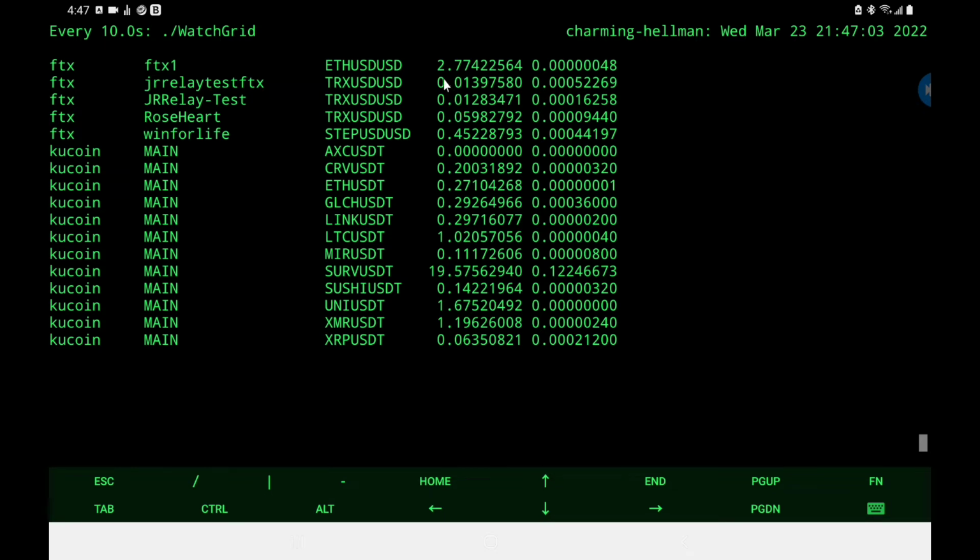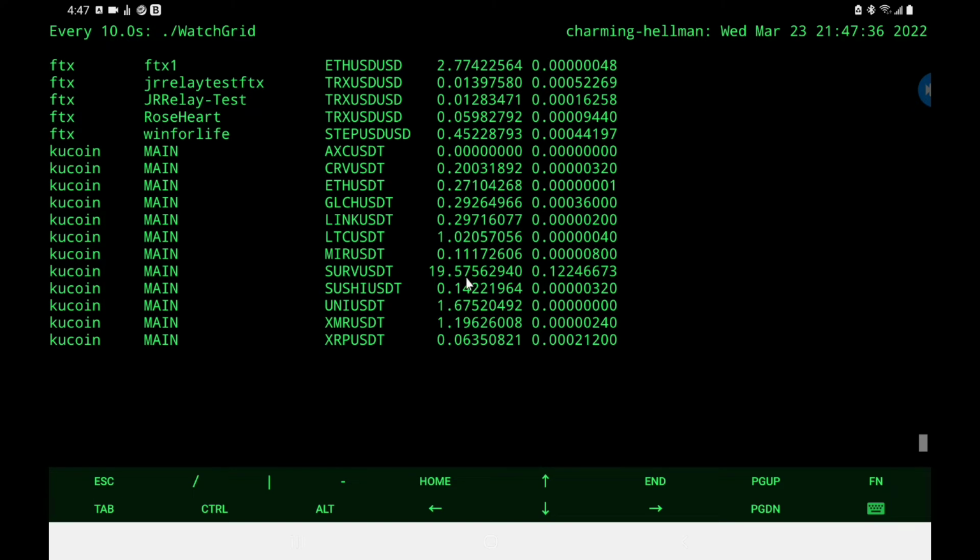Here's one where I have a realized profit of $2.77. And as you can see, the profits are minuscule. But where Equilibrium is making 200 to 300 trades a day, this adds up quite drastically.